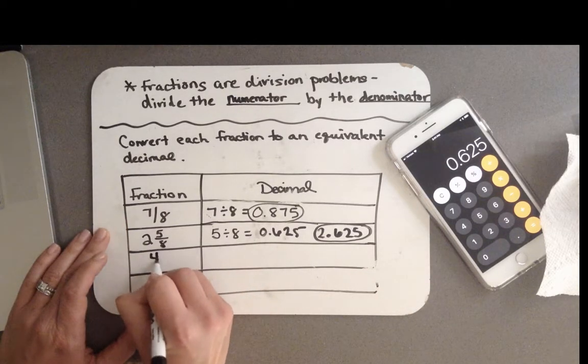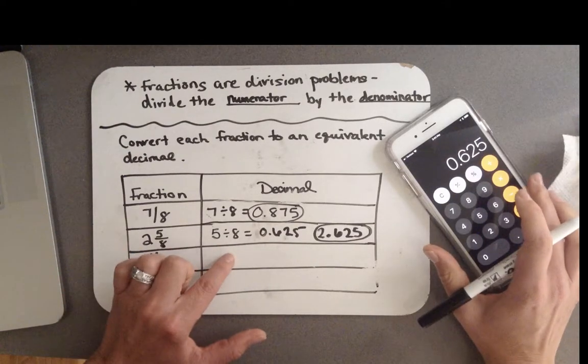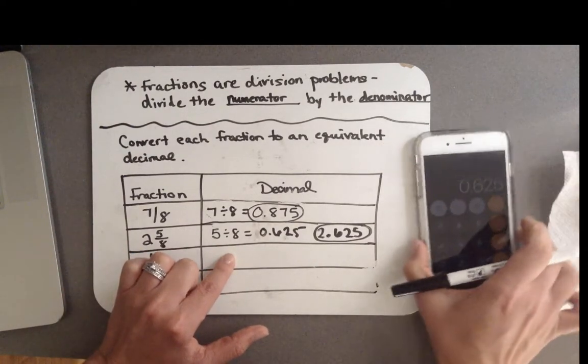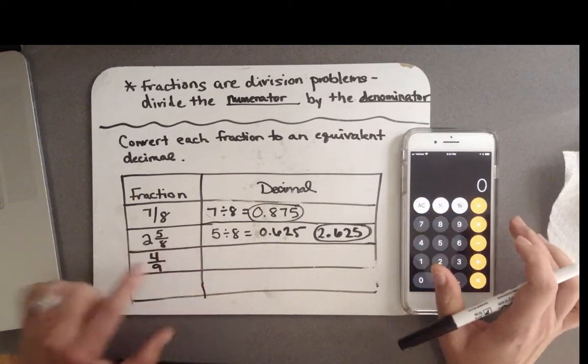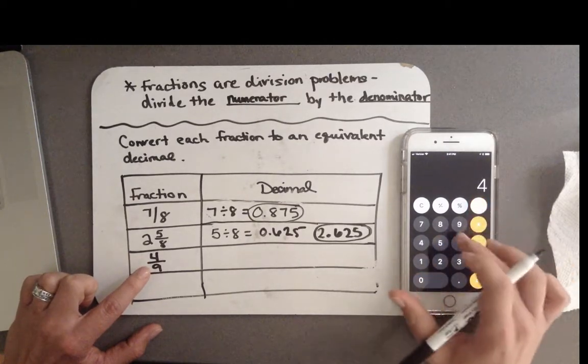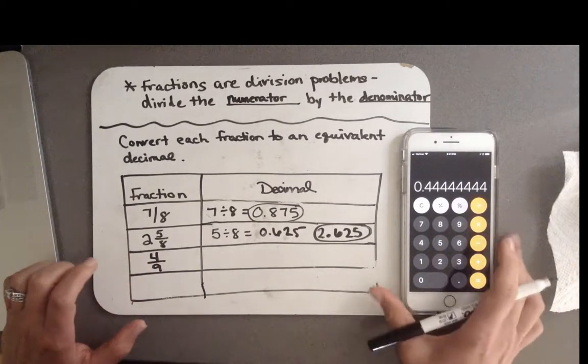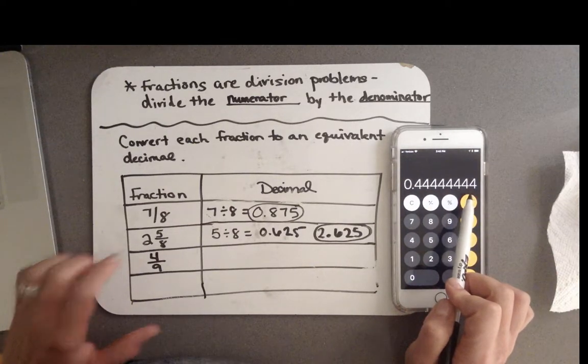We have 4/9. So if we want to change 4/9 to an equivalent decimal, we're going to remember that fractions are really just division problems. So numerator divided by denominator. Type that in our calculator. 4 divided by 9. Whoa! What's different? It doesn't stop.